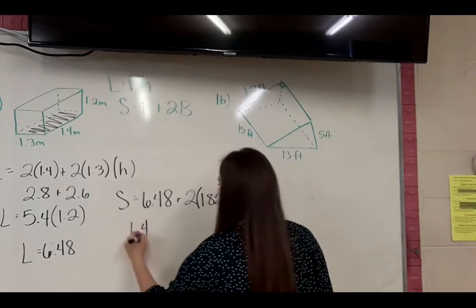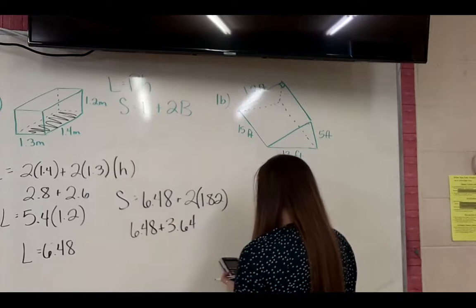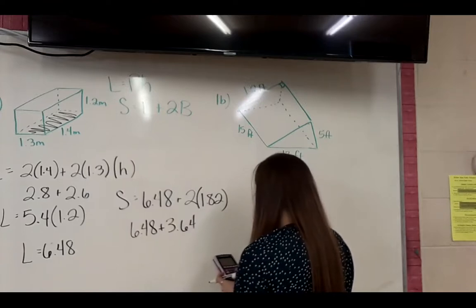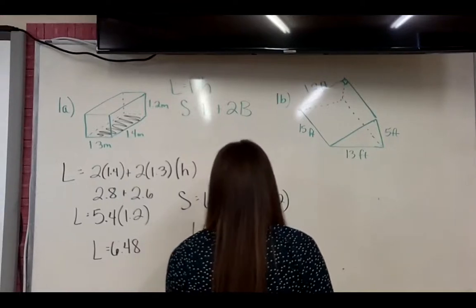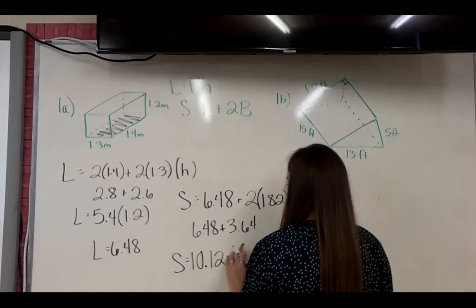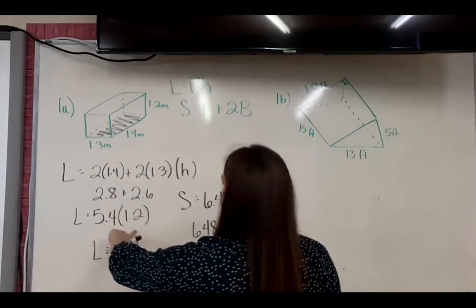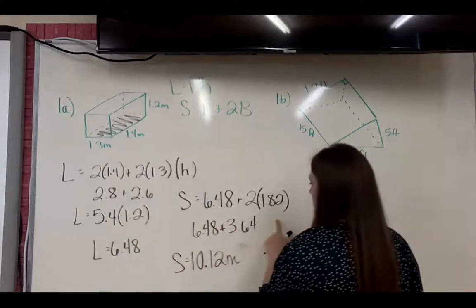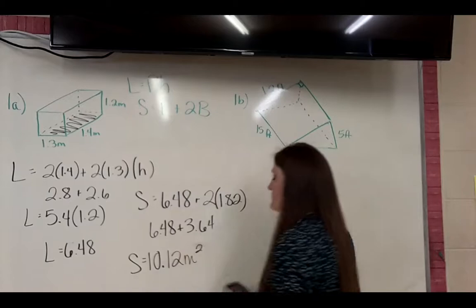So we get 6.48 plus 3.64. So 10.12 would be my surface area on that. Let's see, I did meters times meters, so it's just meters squared.